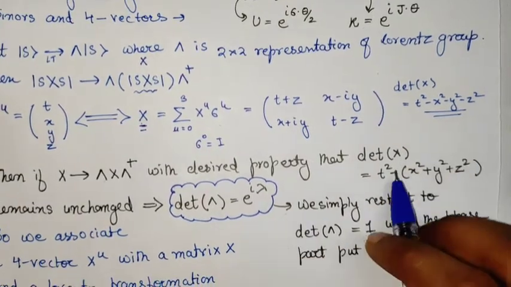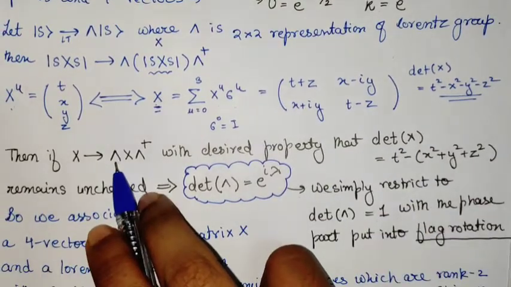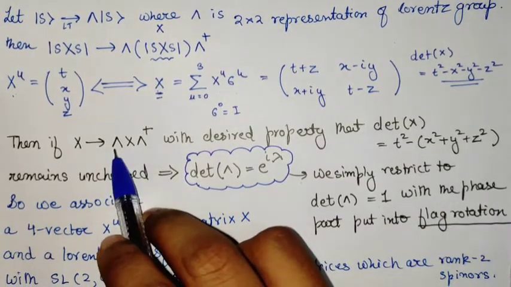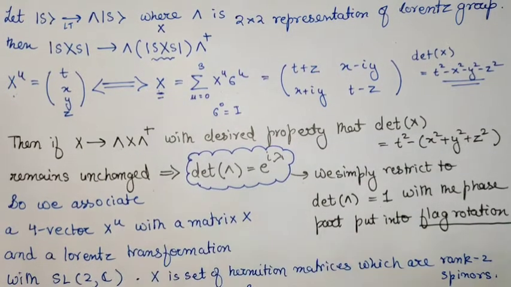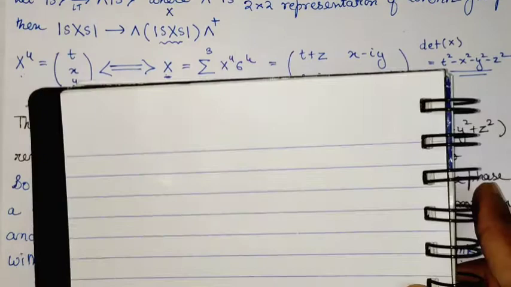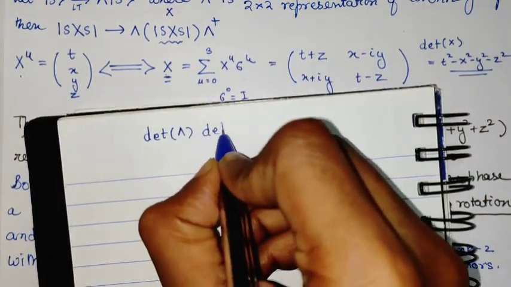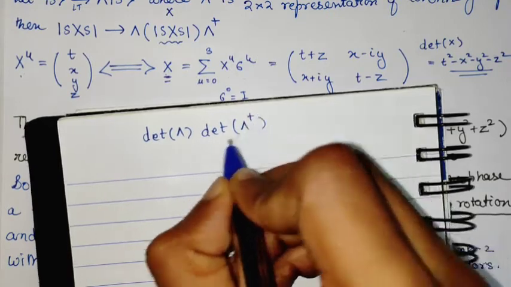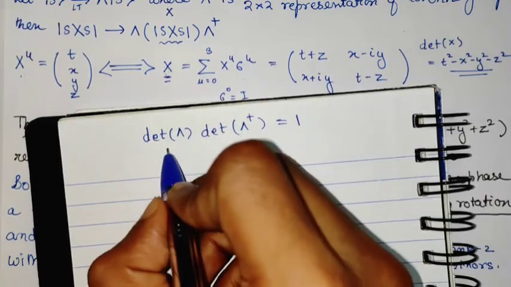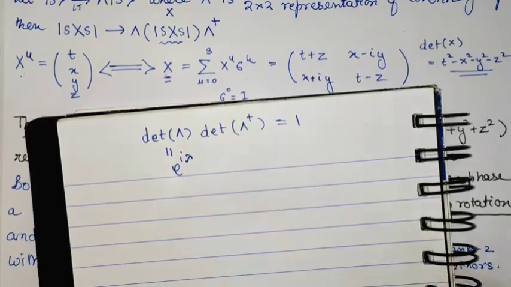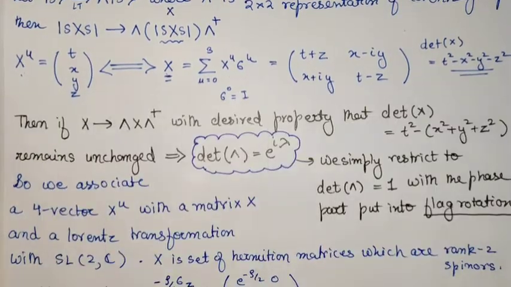The Lorentz transformation preserves that, so lambda must preserve this determinant. This gives us a constraint on lambda: the determinant of lambda times the determinant of lambda dagger is equal to 1. What this means is that the determinant of lambda is a unimodular number, e to the power i lambda, so it is just a phase.